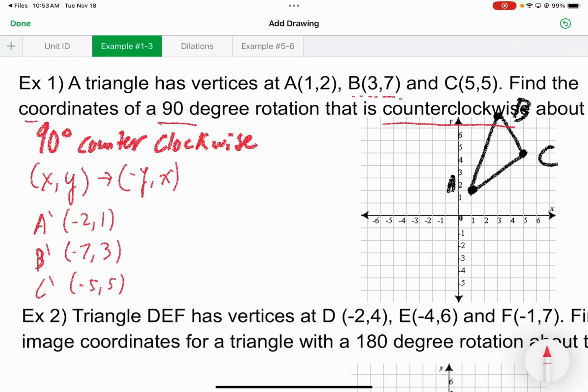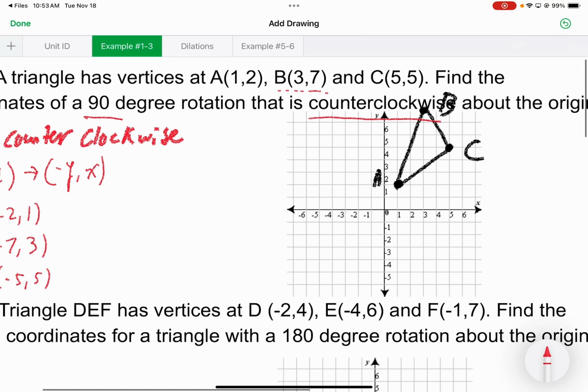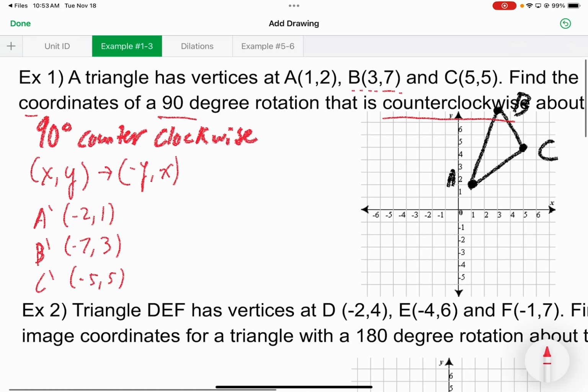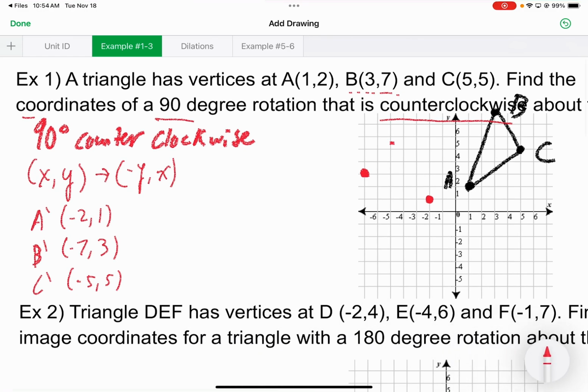Cool, let's plot. All right, so then negative 2, 1 is right here. And then negative 7, 3 is right about here. And then C is negative 5, 5. Oops. So negative 5, 5, which is right over here.